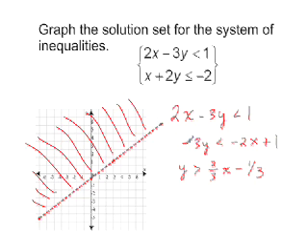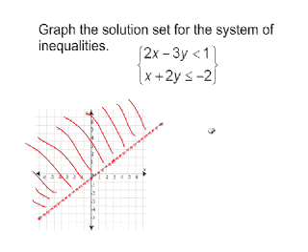Now we'll repeat this process for our second inequality. Our second inequality is x plus 2y is less than or equal to negative 2. And again, we will solve this inequality for y. So we'll start by subtracting x from both sides.